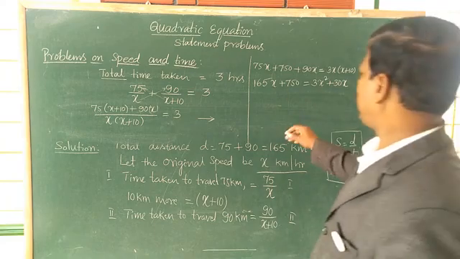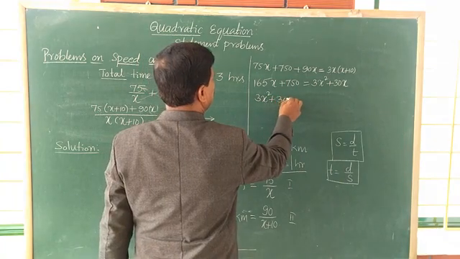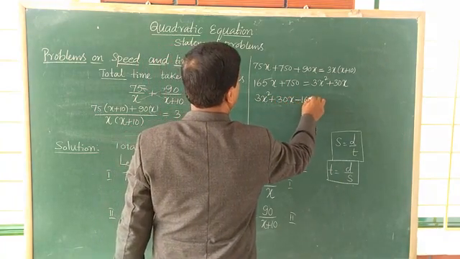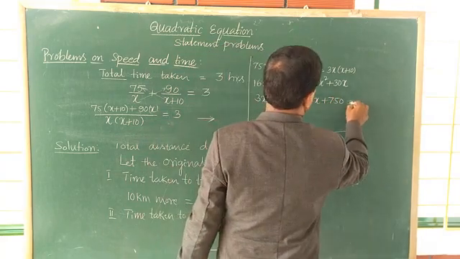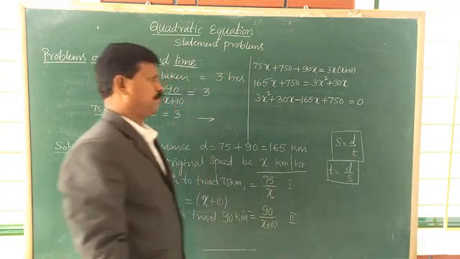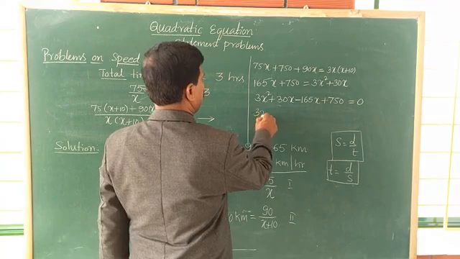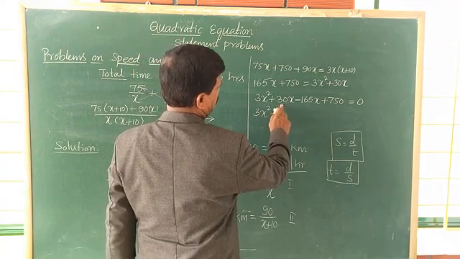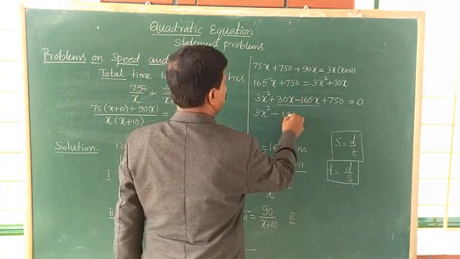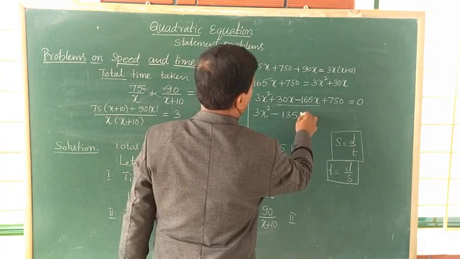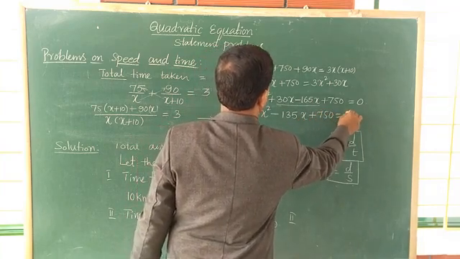Now the equation form is 3x squared plus 30x minus 165x minus 750 equals 0. Here is plus and minus, so 165 minus 30 is 135, giving 3x squared minus 135x minus 750 equals 0.